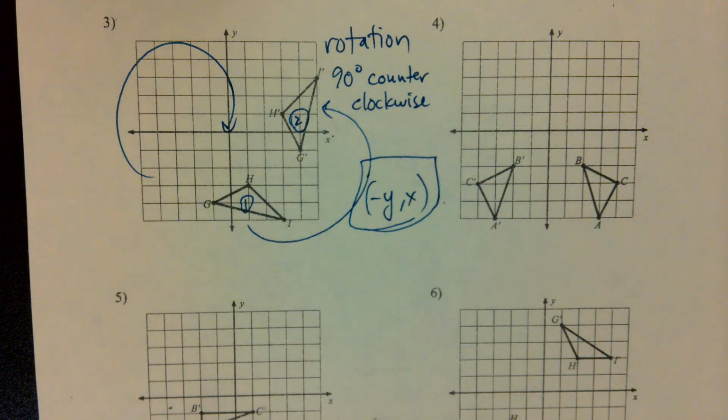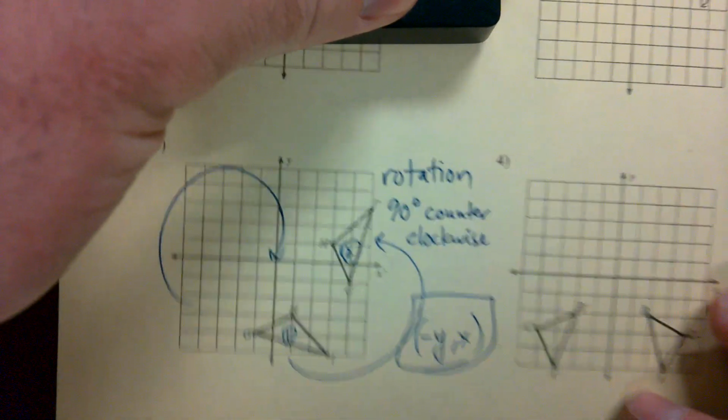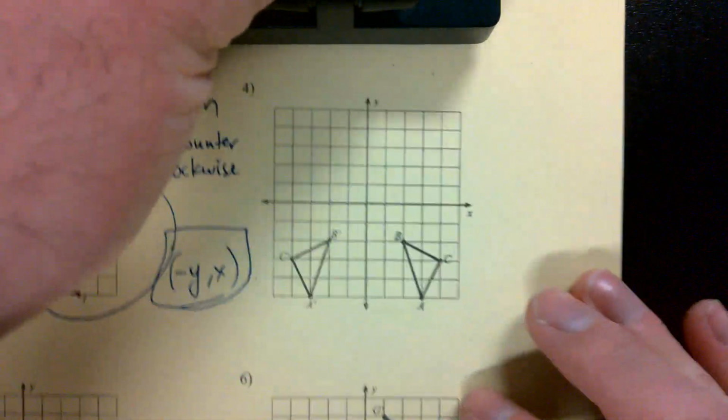The only rule that we kind of edit is the translation, because we're moving a certain number of spaces. So those are those 3. Reflection, boom. Translation, number 2. And rotation, number 3. So now let's speed through the last 3.